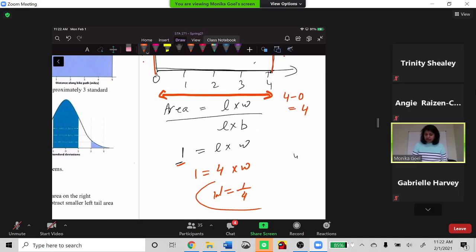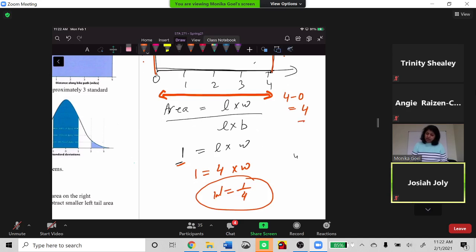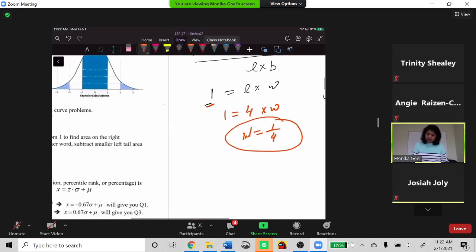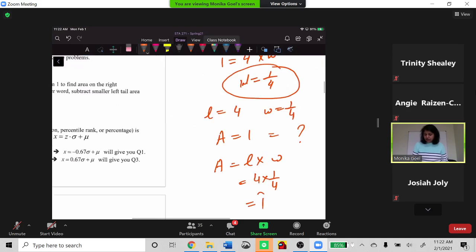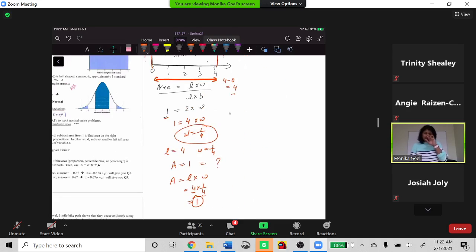Or you can think of that, it is the reciprocal of your length. The length is 4 and width is 1/4. And we can check using this length and width. When my length is 4, width is 1/4. Is my area 1? I can check: area of the rectangle is length times width, which is 4 times 1/4, which is 1. So that means length times width can only be 1 when one is the reciprocal or the inverse of the other. So once we know the length, we can find the width.